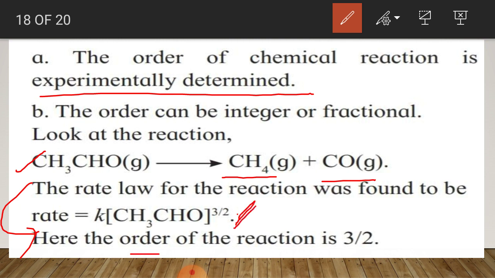So the order of this reaction is 3/2, which is a fraction. Remember, this is determined experimentally. You are supposed to remember that 3/2 is the order for this reaction, 1 is the order for that reaction, 2 is the order for that reaction. Those are experimentally determined values.